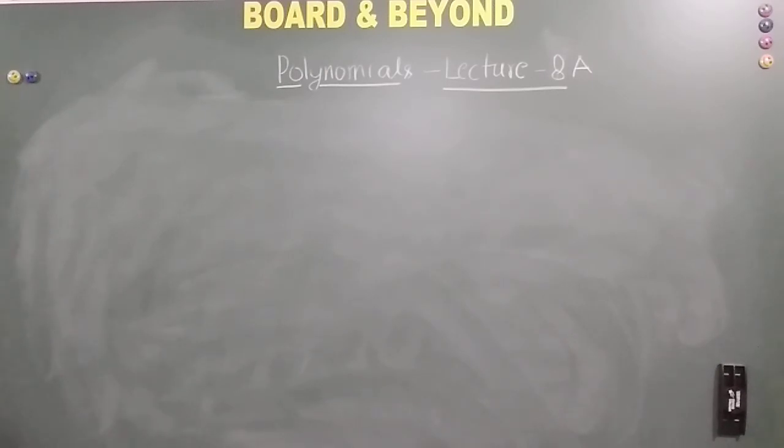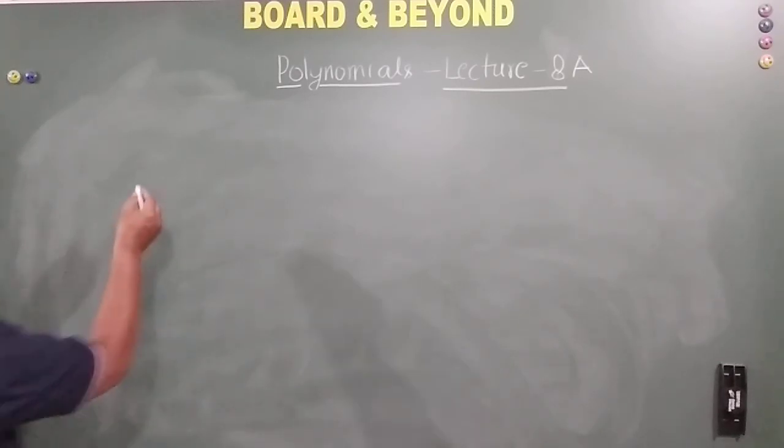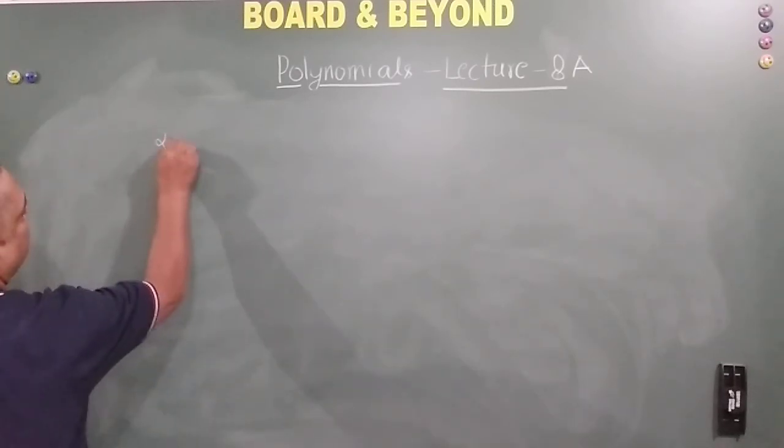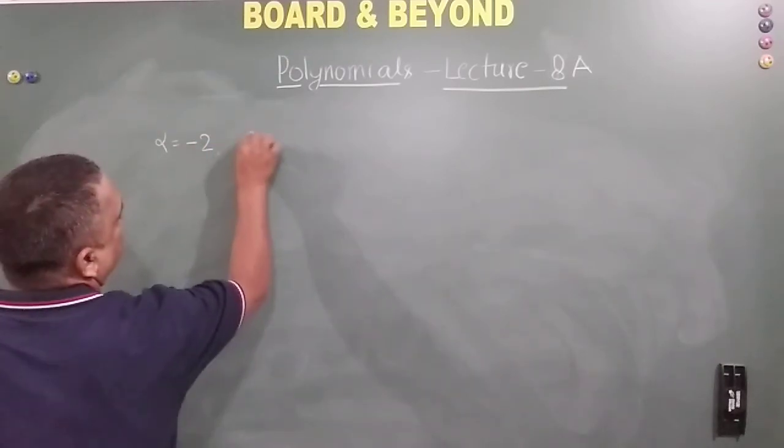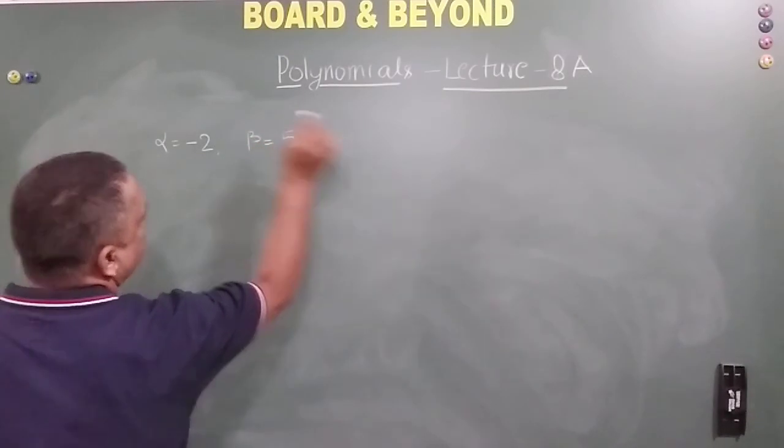Okay, so the number of polynomials having zeros as minus 2 and 5. So alpha is equal to minus 2 and beta is equal to 5.